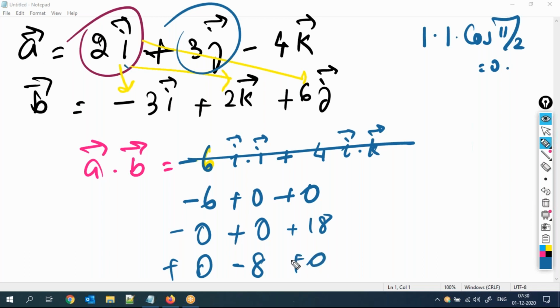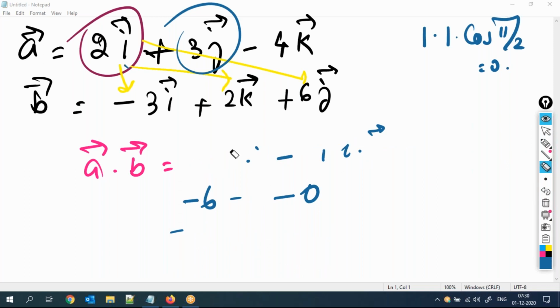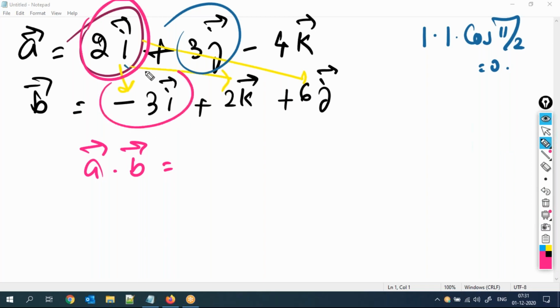Are we clear? Shreyas? Sir, I basically didn't get it. Could you repeat that? Basically, odd vectors become 0. So we will have to look only at i and i. So simply we can write this one and this one, -6, right?